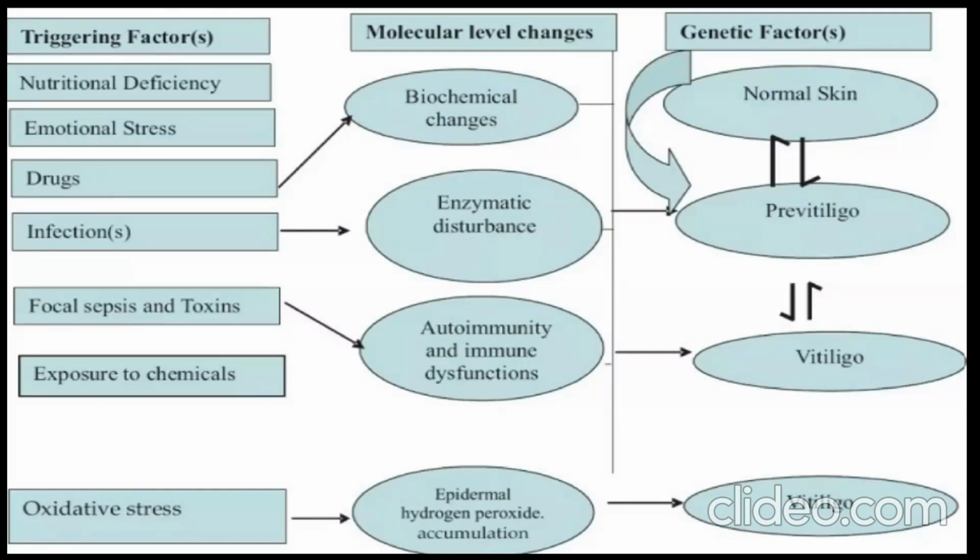Then genetic factors. Due to genetic factors, the normal skin can go to pre-vitiligo, but it can be reversible. Then pre-vitiligo can lead to vitiligo. In some cases where there are only localized or segmental patches, we can reverse the vitiligo also.